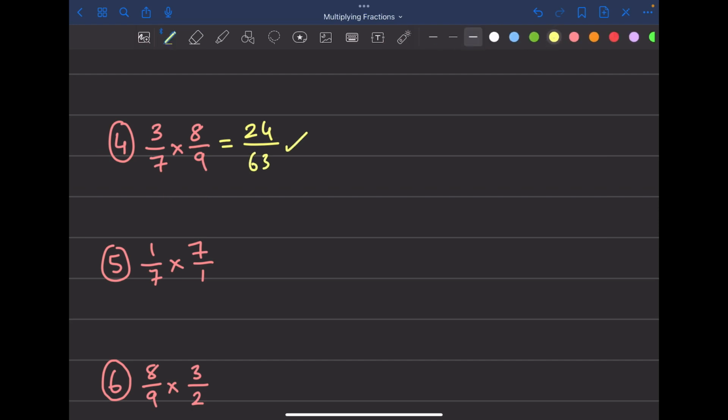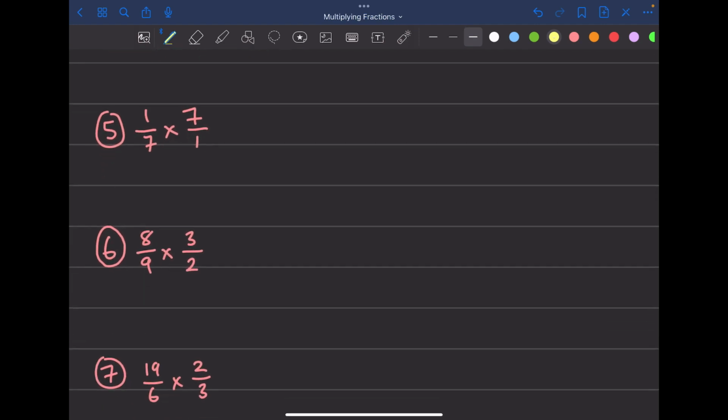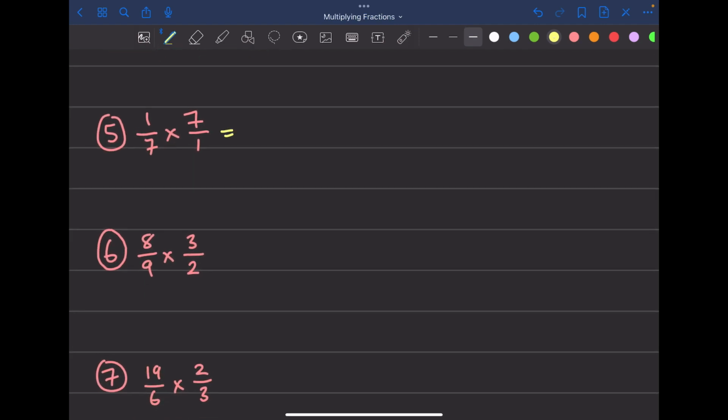But as you can see, these get a tiny bit harder each time. So once again, you just have to memorize those multiplication timetables. Question number 5, 1 times 7 is 7. 7 times 1 is also 7. If you notice, like we said in the addition video, 7 over 7 as a fraction is the same as 7 divided by 7, because fractions are divisions.